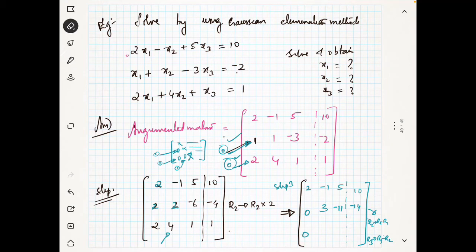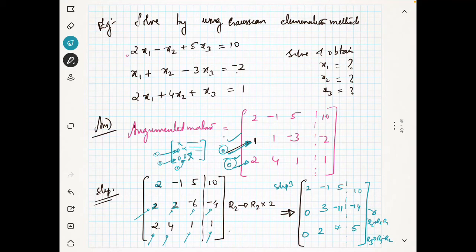Sorry for this. I can use row 3 minus row 1 also, there is no issue, but here I have already written row 3 minus row 2. So 2 minus 2 is 0. Then 4 minus 2 is 2. 1 minus minus 6 means 7. And 1 minus minus 4 becomes 5.